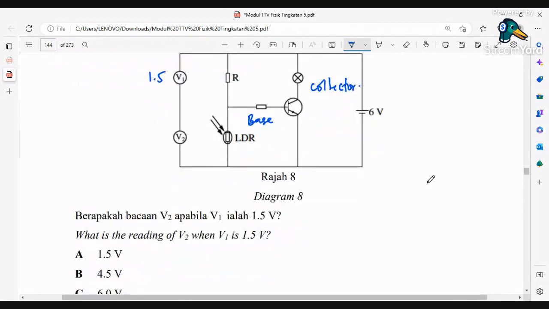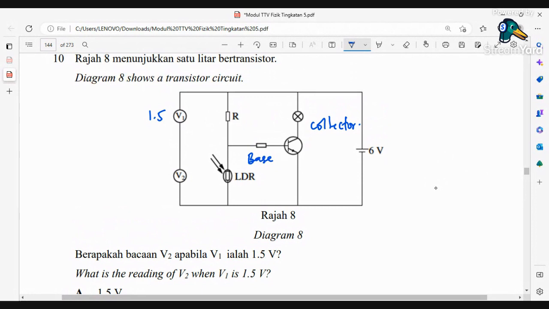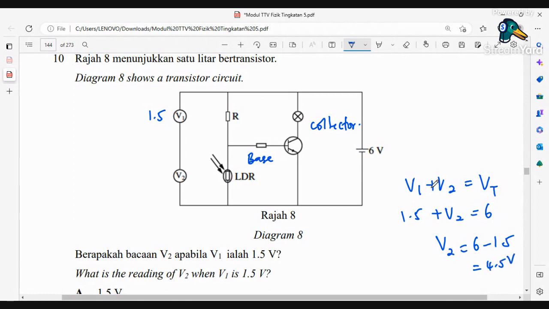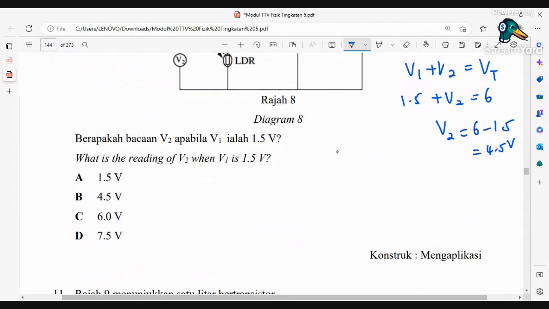As we know, a potential divider means they share voltage, or we can say V1 plus V2 equals the total voltage supplied. So V1 1.5 plus V2 equals 6. So V2 equals 6 minus 1.5, which is 4.5 volt. Very simple question.